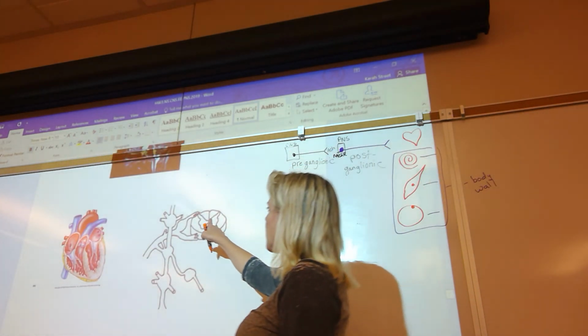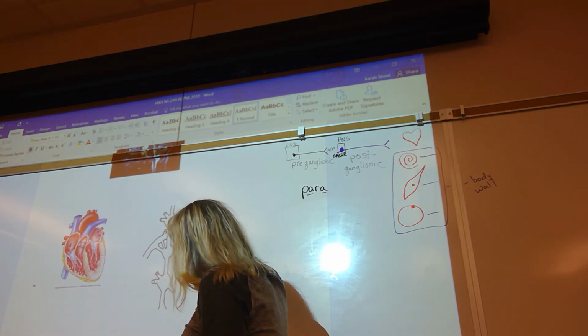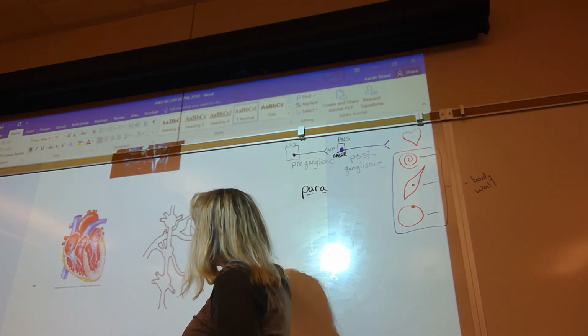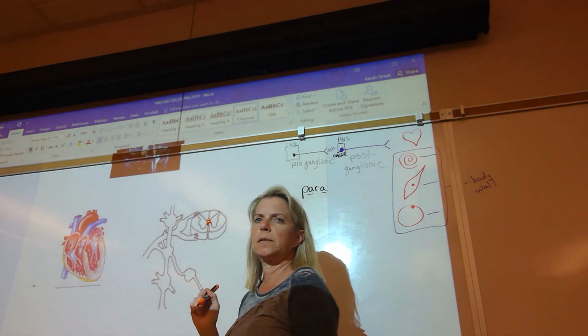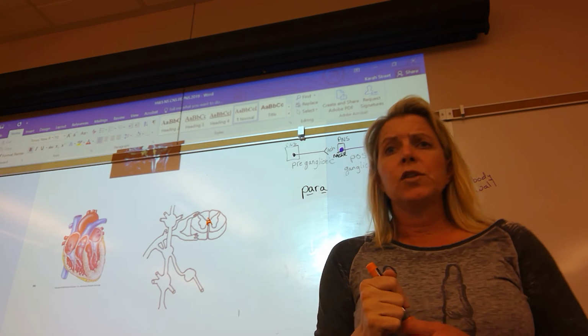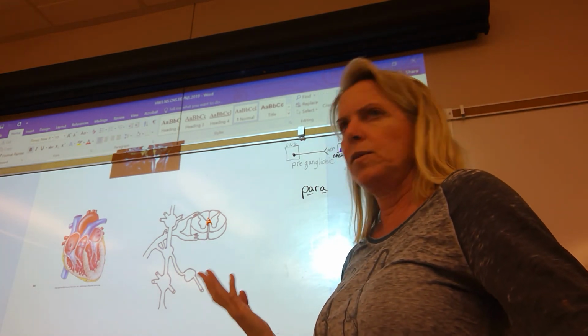The central canal would be right here, where cerebral spinal fluid would be traveling through. So you would mark an A. This is where you start getting points simply for knowing the anatomy of the spinal cord.